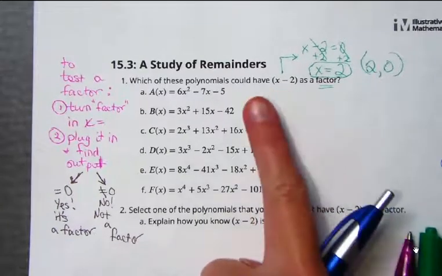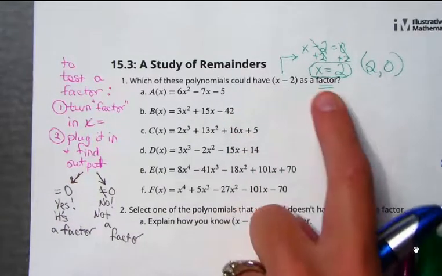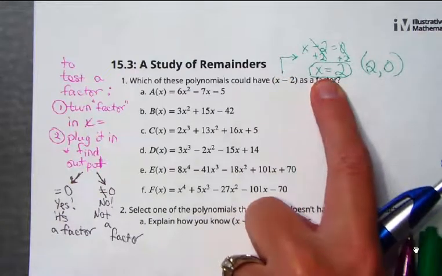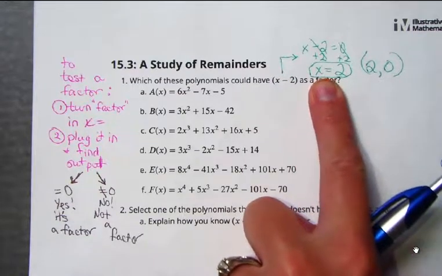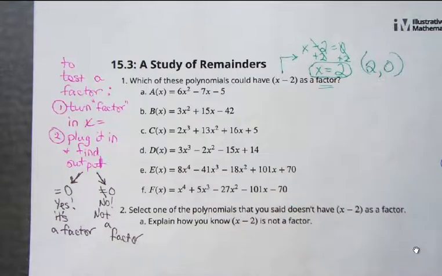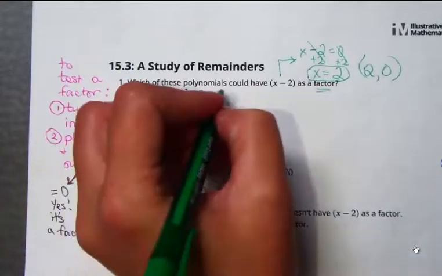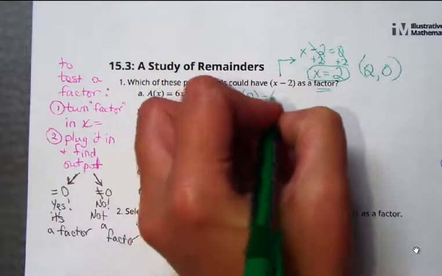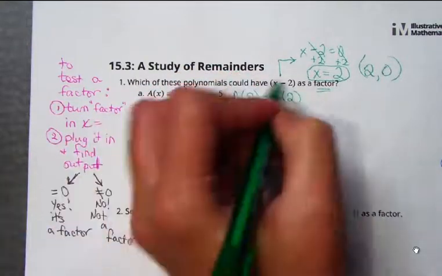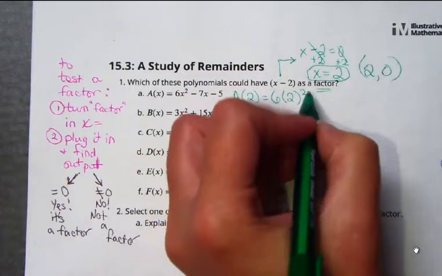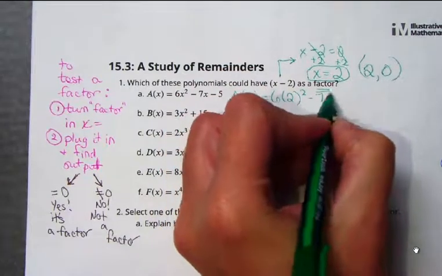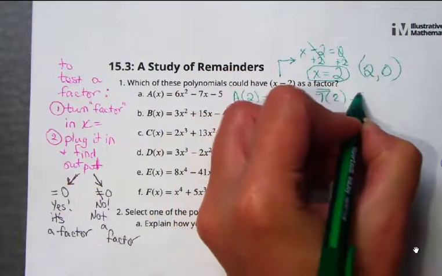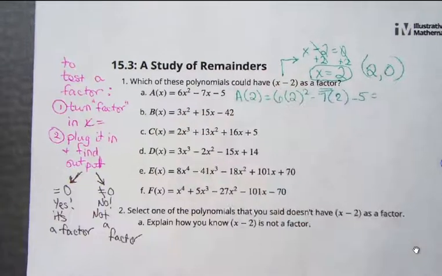So instead of doing polynomial division 6 times over, if I'm testing what my output is when x equals 2, I'm just going to plug that into my equation and solve. So I'm going to find a of 2 and see what its output is.